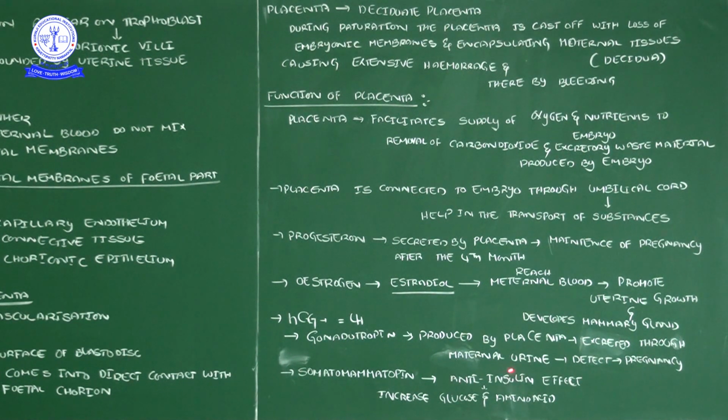By this effect, it increases the glucose and amino acid levels in the blood supply, which are utilized by the developing baby. It gives good, healthy growth of the fetus. Okay, these are the functions of the placenta.